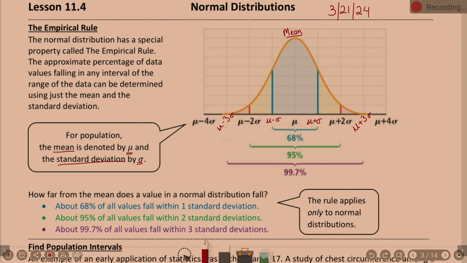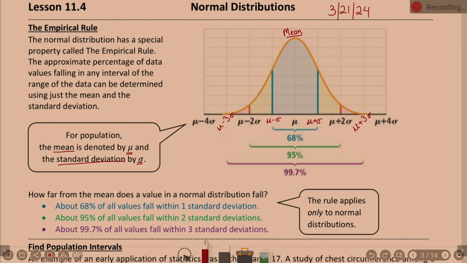Now, what the empirical rule specifically says. Okay, here in blue. It's not precise, but about 68% of all values fall within one standard deviation. So that's saying from one line left of the mean to one line right of the mean, 68% of the data is going to be right there.